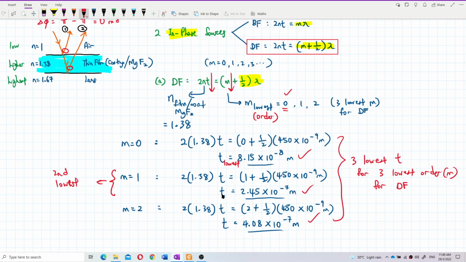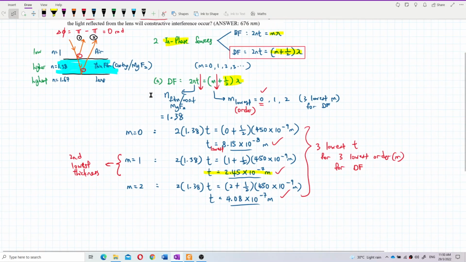Second lowest thickness is 2.45 exponent -7. This one is the lowest value because it is exponent -8, the others are just -7. So second lowest is 2.45 exponent -7, and we're going to use this value for question B.